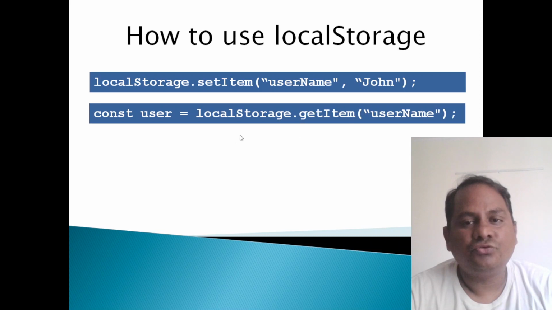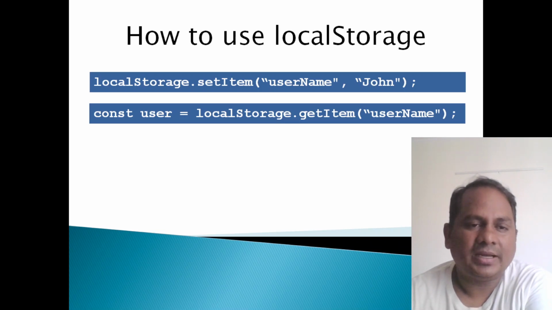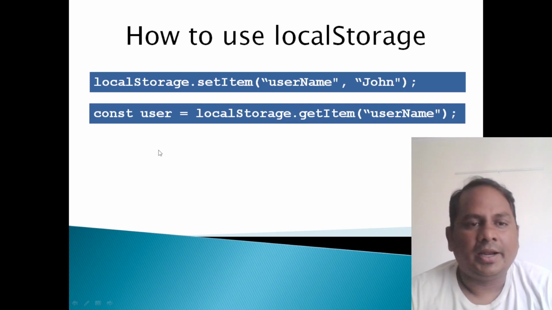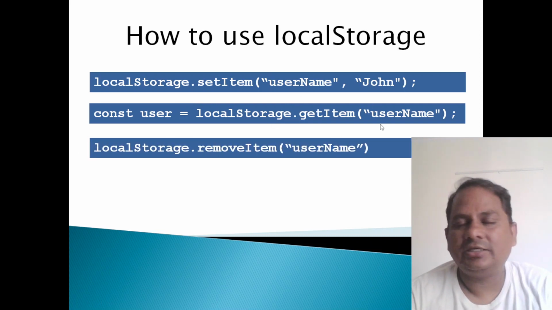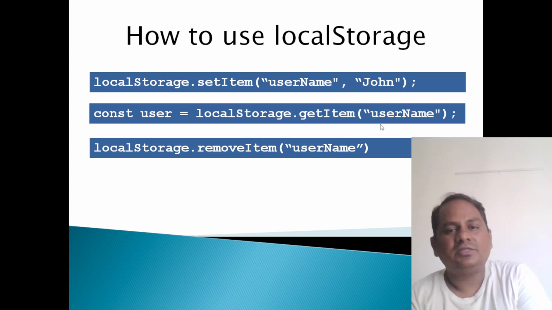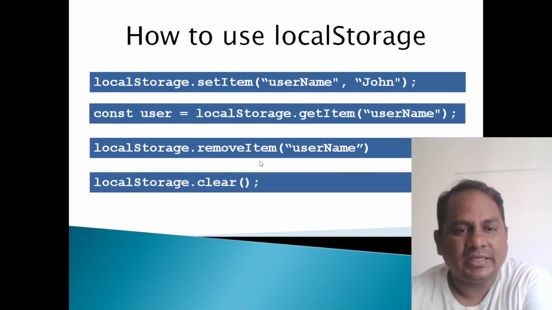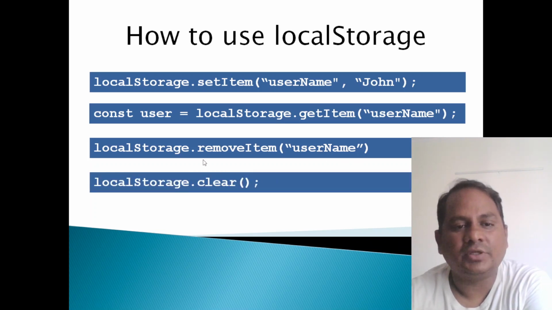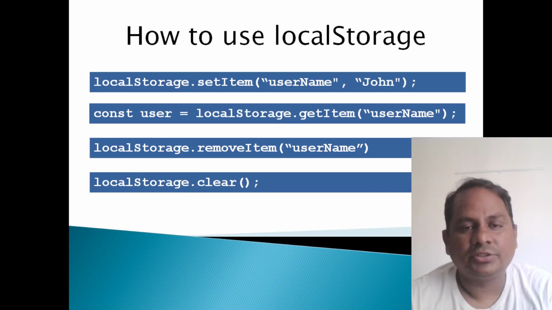If we have to get the data, it is simple: setItem, getItem. It's a very simple mechanism and not at all complex, and this is removeItem. It's a key-value pair based mechanism, so pretty simple. This is clear: if we use the clear function, it will clear the entire storage.